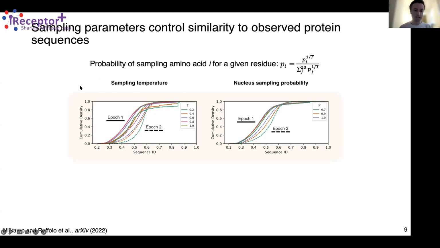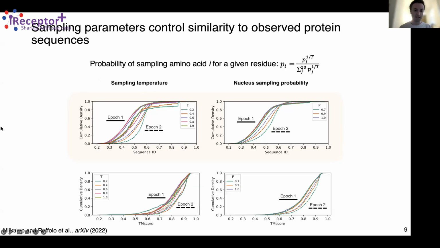And then if you look within these plots, you can see as we raise the temperature, the lines shift left, meaning that if you raise the temperature, you get things that look less like those produced by nature. And likewise with the p-value. We also do this analysis looking at the structures, and it's the same takeaway. As you increase the sampling diversity, you get things that look less like those produced by nature.